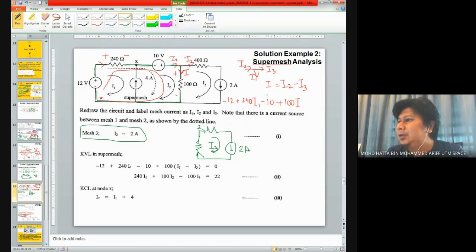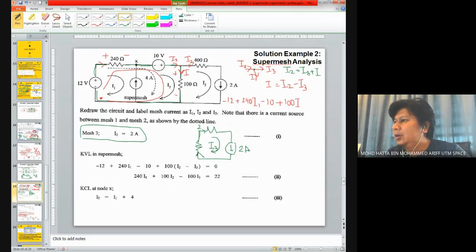And how does this happen? It happens because if you find the current coming in and current coming out at this point, the current coming in is I2, and the current coming out is I3 plus I. This is Kirchhoff current law: current in equals the sum of current out.